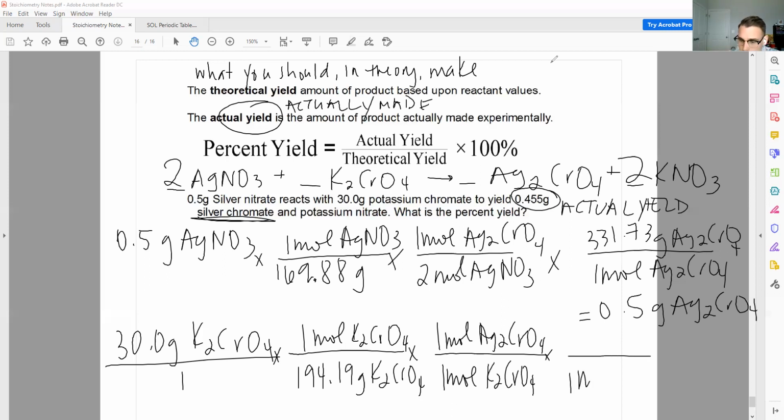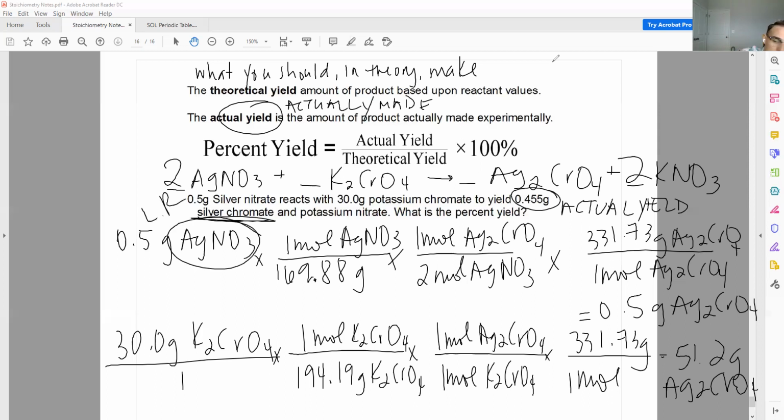And then again, our last steps are always the same. That gives me 51.2 grams of silver chromate. So it's quite clear which one is your limiting reagent. The silver nitrate is your limiting reagent because it produces the least amount of product. That makes this your theoretical yield.